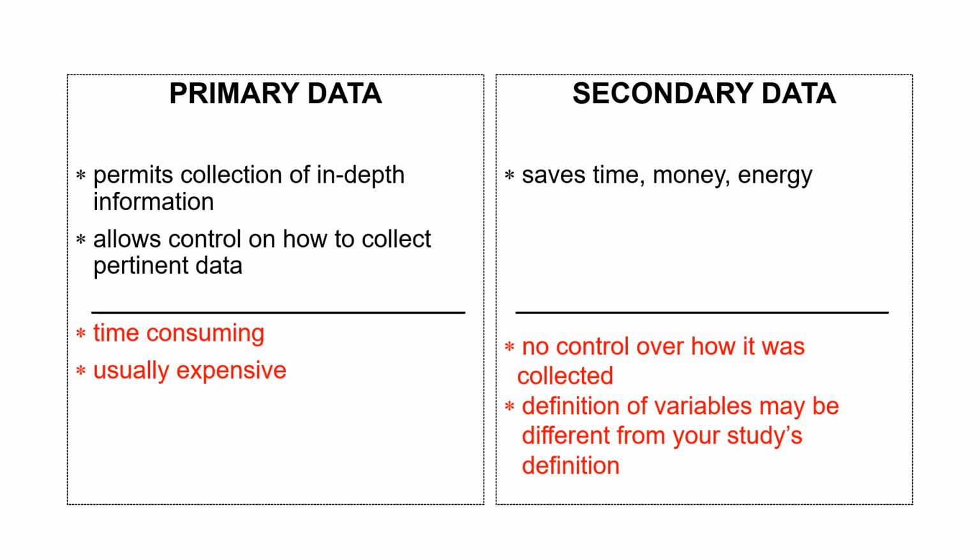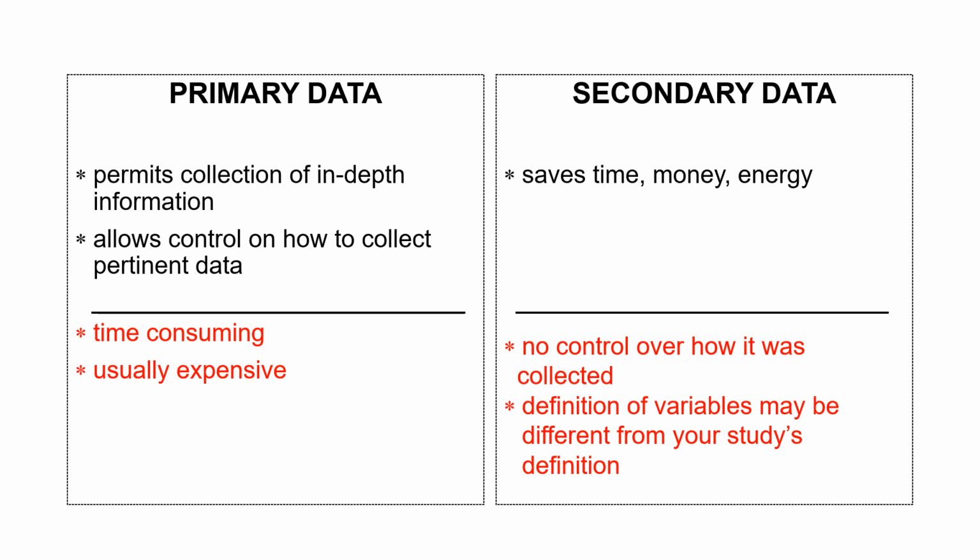The researcher is left to contend with the data on hand, which may have a different definition of variables from one study definition. Example, a researcher wishes to determine socioeconomic status as a factor for smoking prevalence and uses average monthly income of the parents as the indicator, but it is not available in the secondary data source.